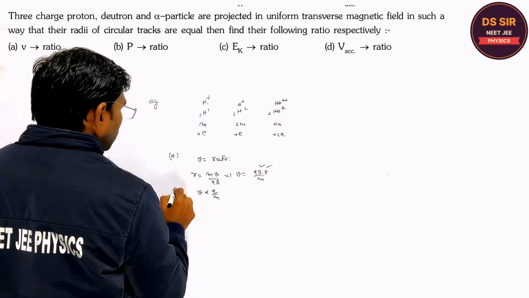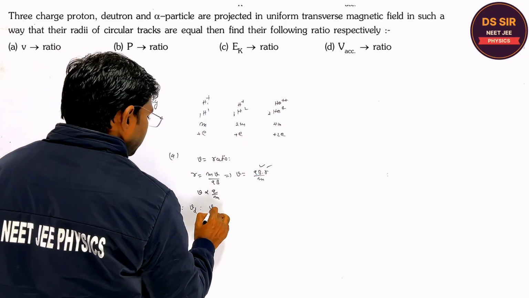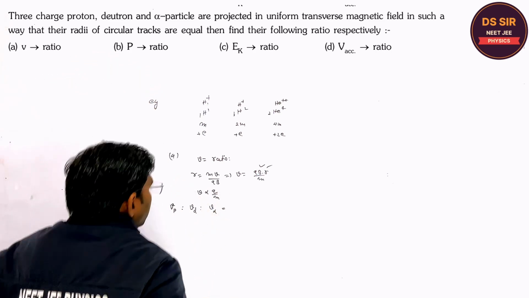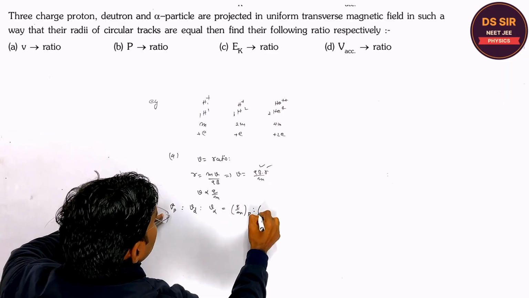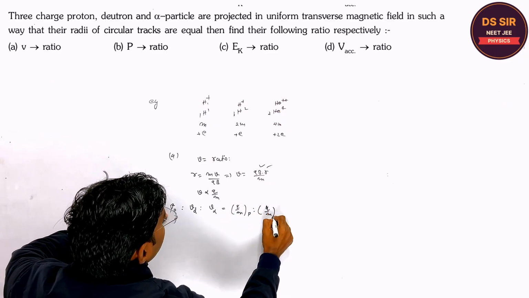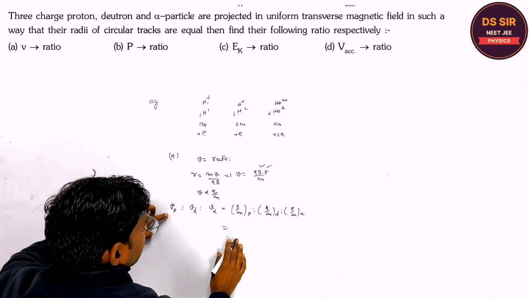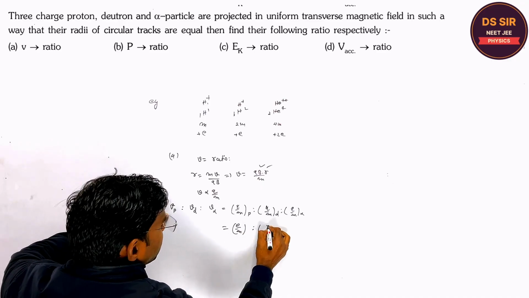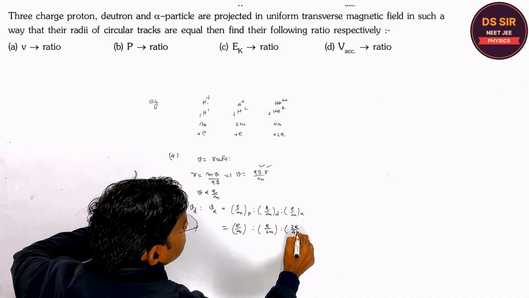So the speed of proton, deuteron, alpha particle is equal to q by m of proton, deuteron, alpha particle: e by m, e upon 2m, 2e upon 4m.